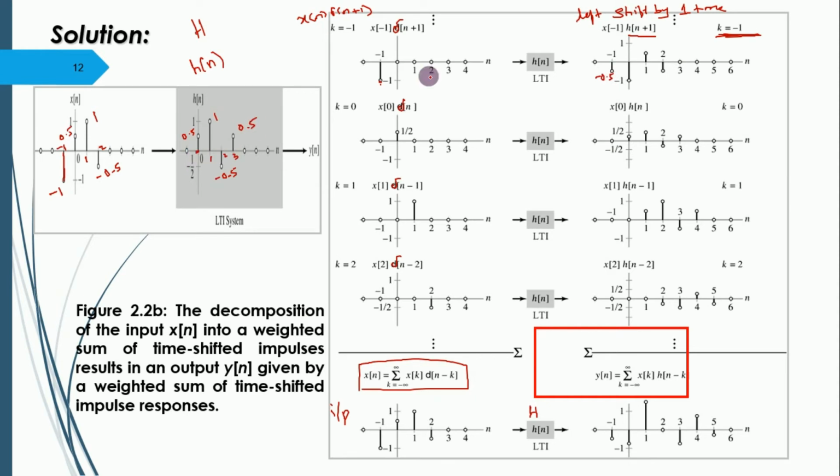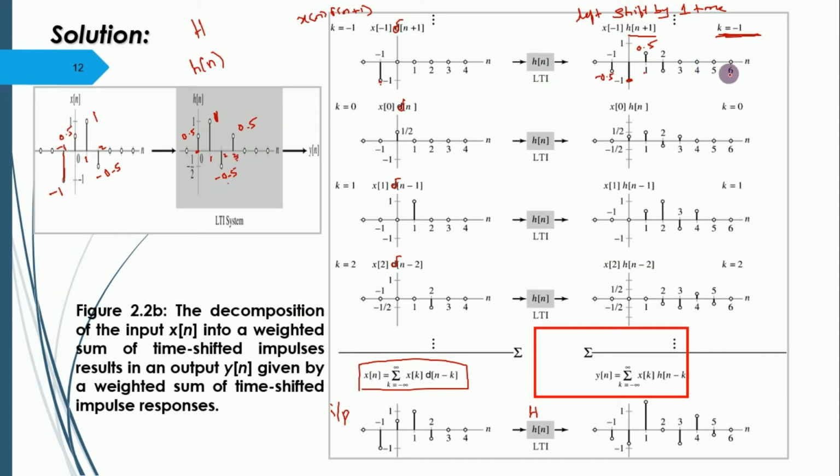So minus 1 into 1 will result in minus 1. I have to shift it 1 to the left, so it will come at 0. Here I'm having minus 1 into minus 0.5, which is plus 0.5. Here it is at 2, but shifted left by 1 it will come at 1.